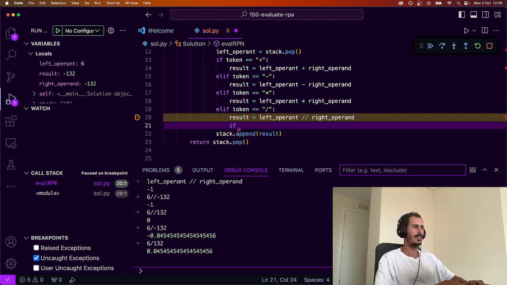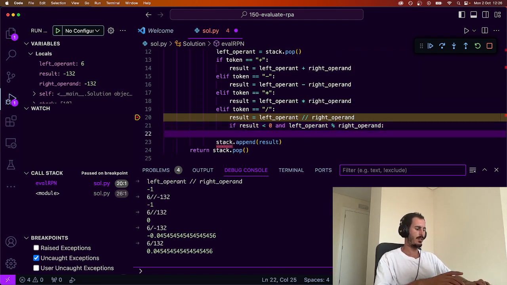If result is less than 0, so if this is negative, and if there's actually a remainder of the division, because we get the result we want if the numbers are positive, but if the numbers are negative, we need to do result plus equals 1 just to go around this problem.